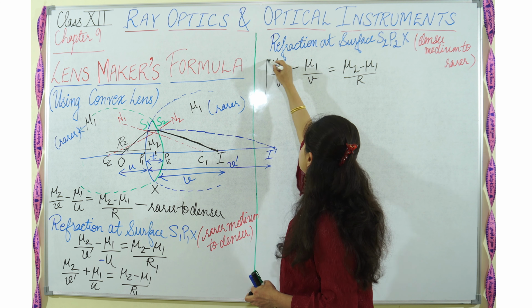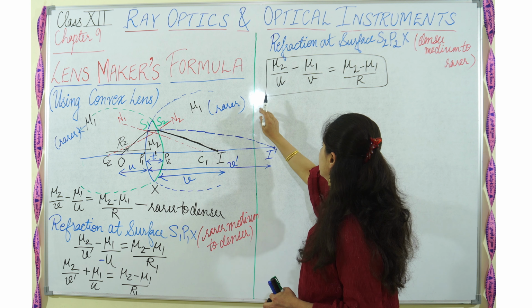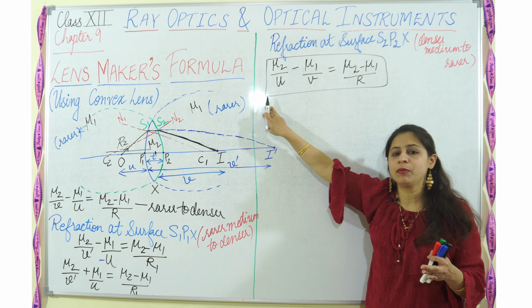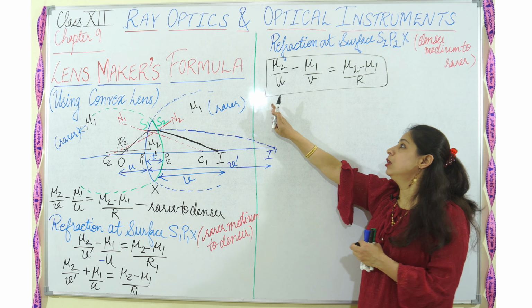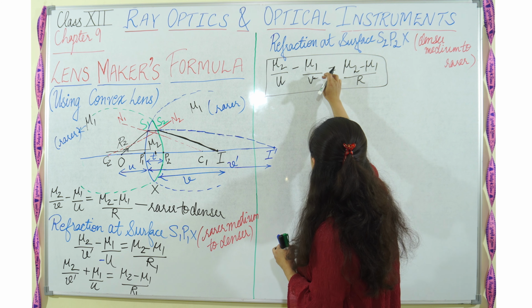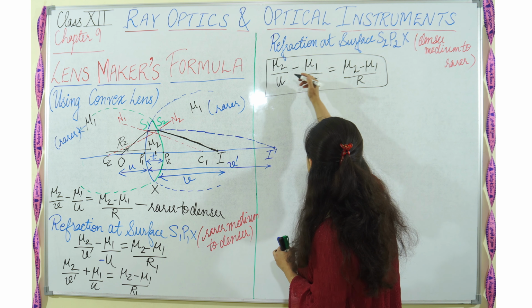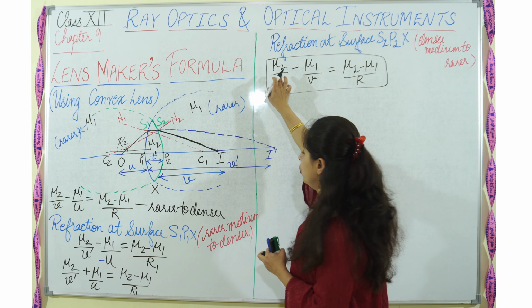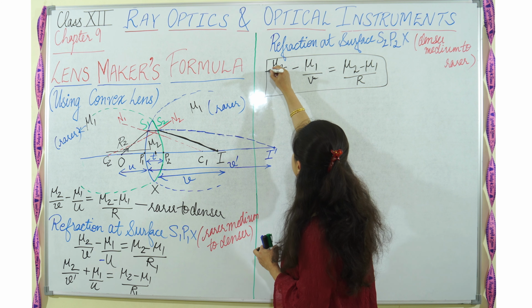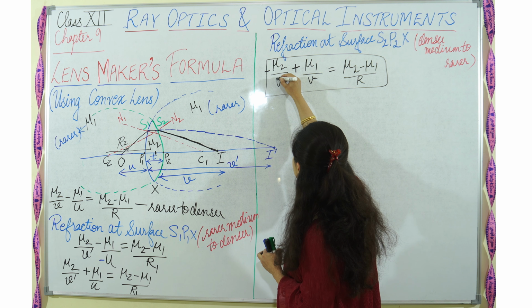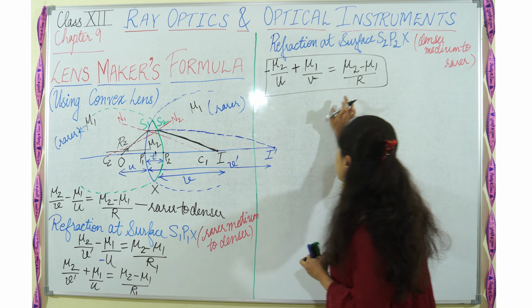So this will be the general equation for the refraction, when my refraction is taking place from a denser medium to the rarer medium. So now let us substitute all the values. So here it will be mu2 upon u, that will be negative, this will be positive. So this will be the general equation.